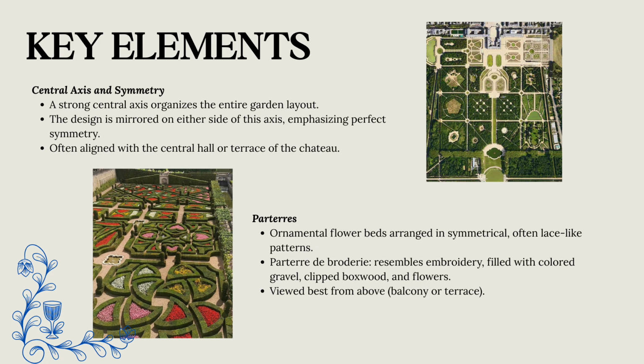Parterre de broderie resembles embroidery, filled with colored gravel, clipped boxwood, and flowers, and it is viewed best from above, from a balcony or terrace to be specific. As the French really loved to show colorful flowers, they often arranged them in a symmetrical order as well.